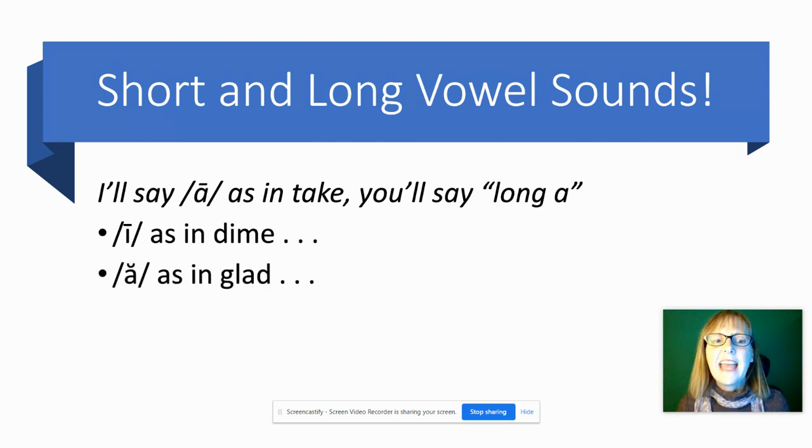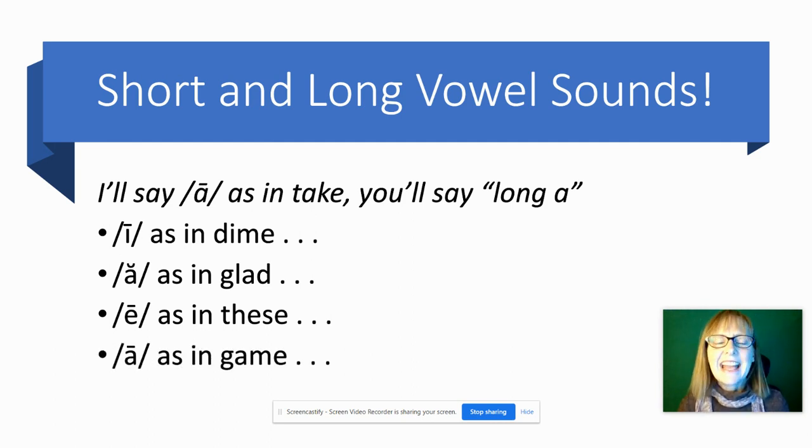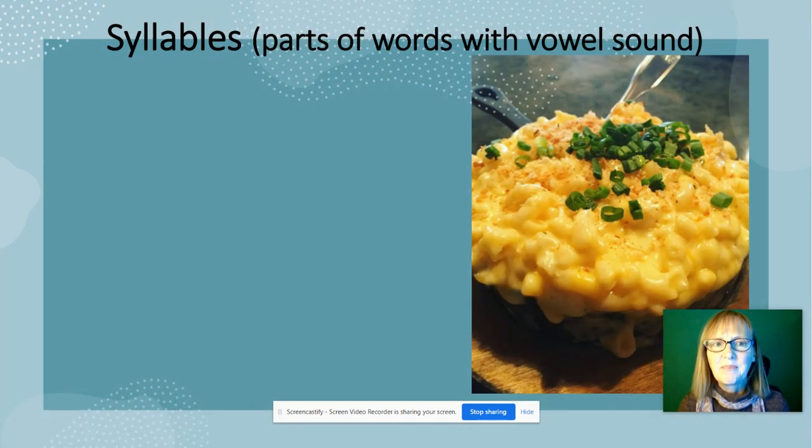We can hear the I. A as in glad, short A sound. E as in these, long E sound. And A as in game, long A sound, right? That's the long A. And O as in hot, short O sound. Good. Now, syllables, parts of words with a vowel sound.